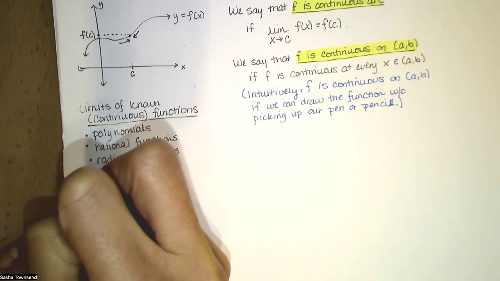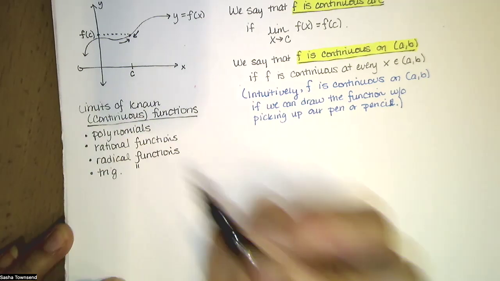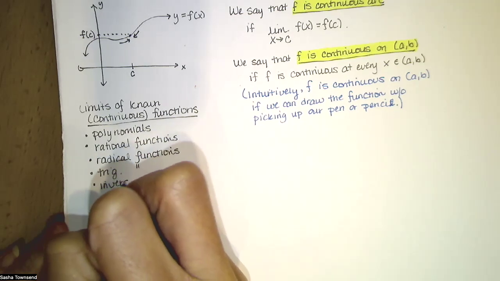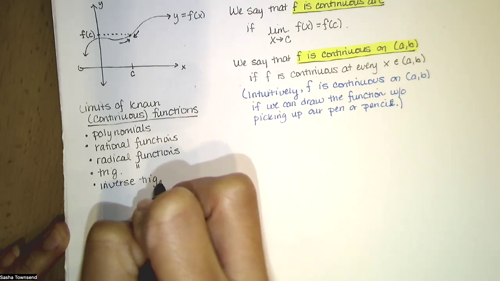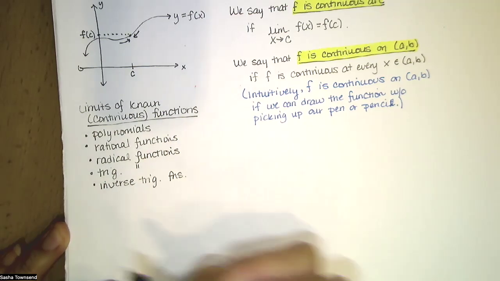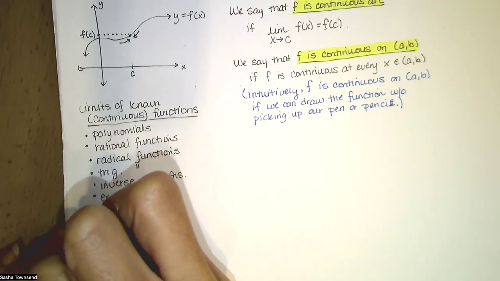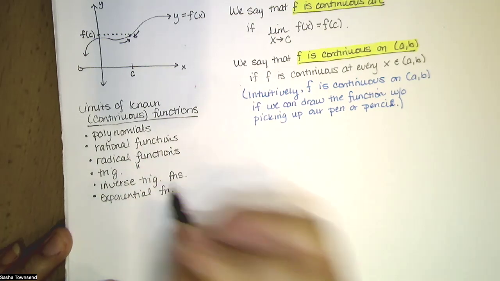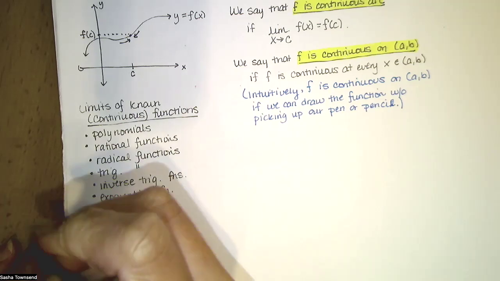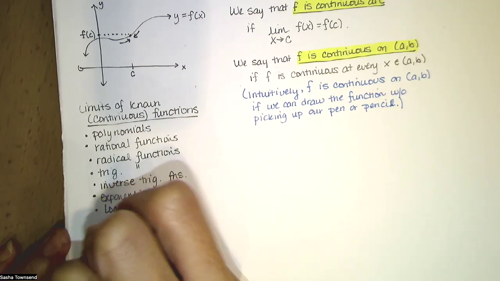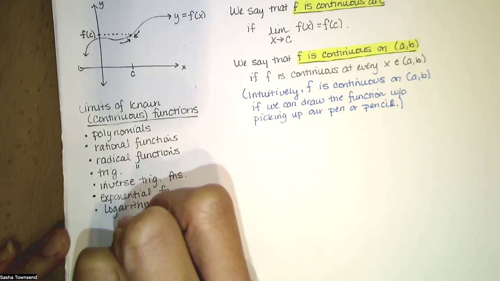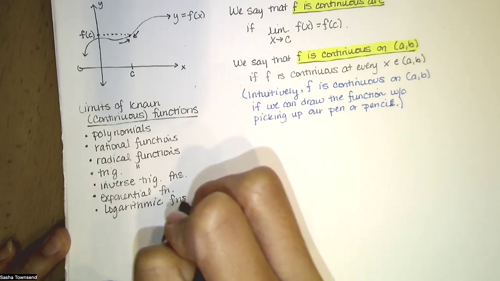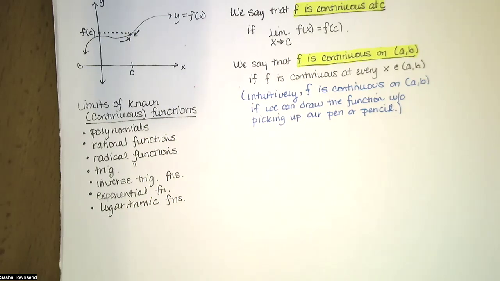Of course, our trig functions are continuous. Inverse trig functions are continuous. Exponential functions are continuous. And logarithmic functions are continuous on their domains. Pretty much everything that you've studied, with the exception of maybe the greatest integer function, is continuous on its domain.